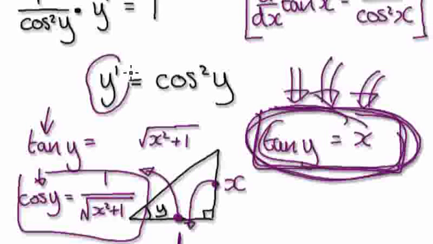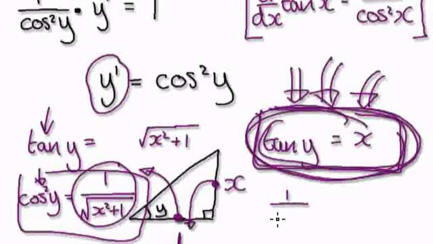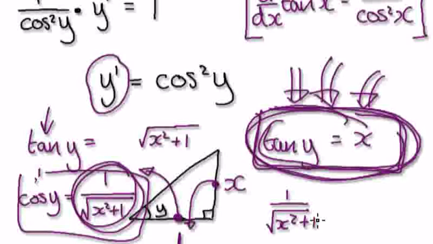Now looking at our answer, y prime equals cos squared of y. If cos of y equals this thing, then cos squared will be this thing times itself.